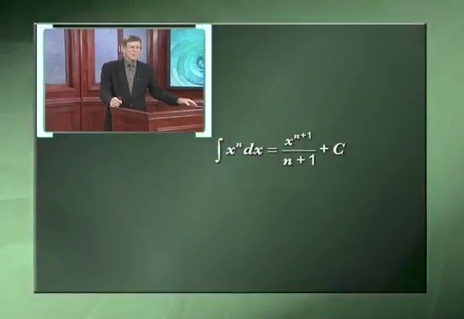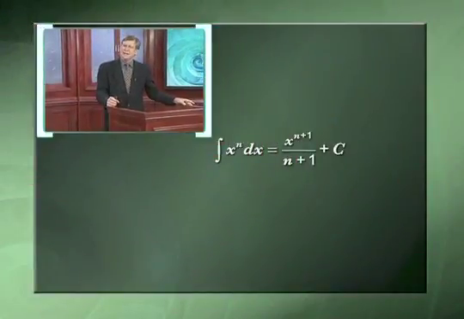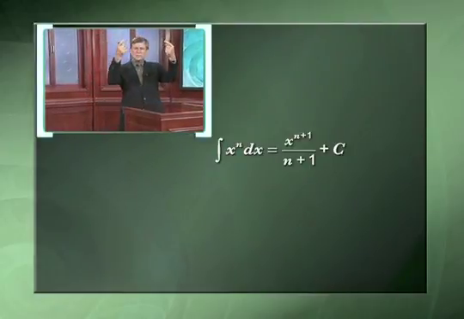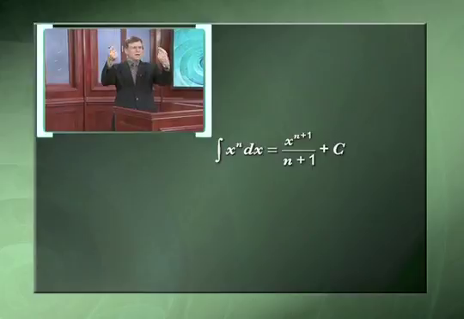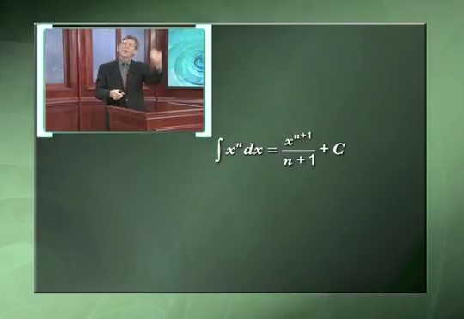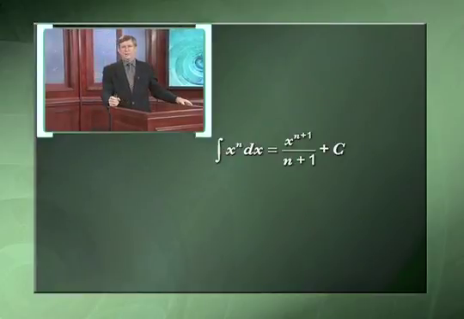So let's step back and start making a list of the integration formulas that we've learned to love in this course so far. There was this power rule, the integral of x to the n dx, and that of course is you raise the exponent to n plus 1 and divide by what you raised it to, n plus 1, and in all these formulas there's plus an arbitrary constant.